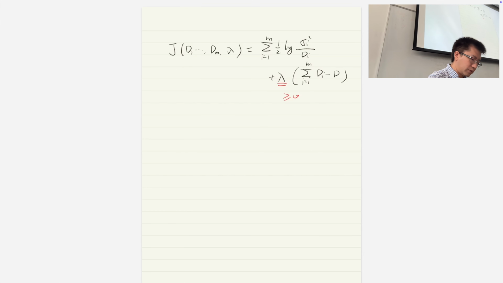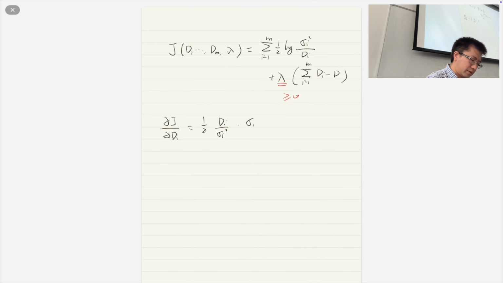Okay, so now let's do a derivative. Compute the derivative of J with respect to di, and see what we can get. Now there's only one term here, so that's half di over sigma I squared, right? We need to invert it. So we just assume that the log is based on e, for simplicity.